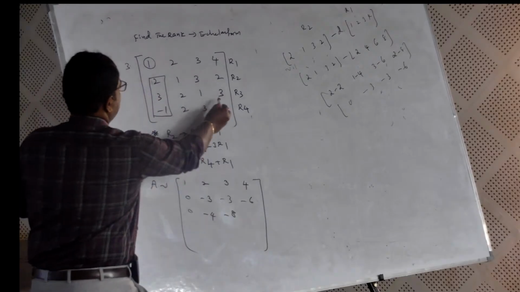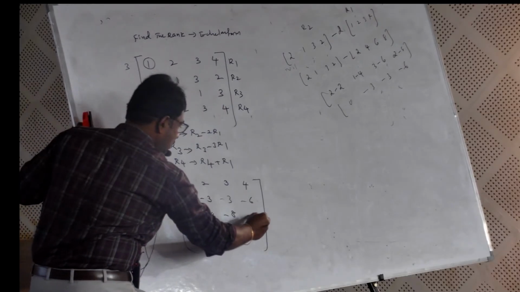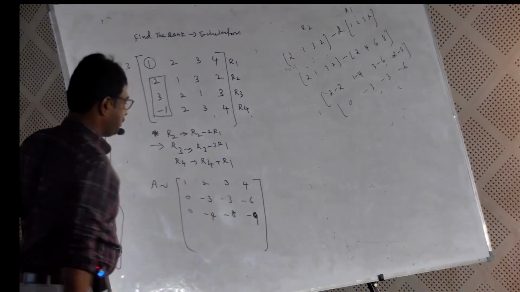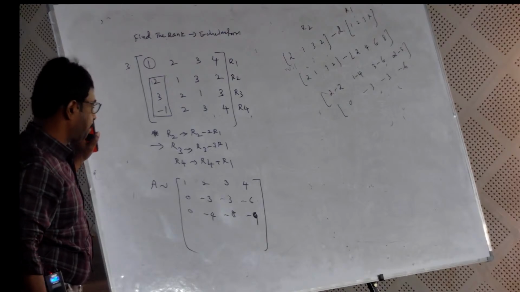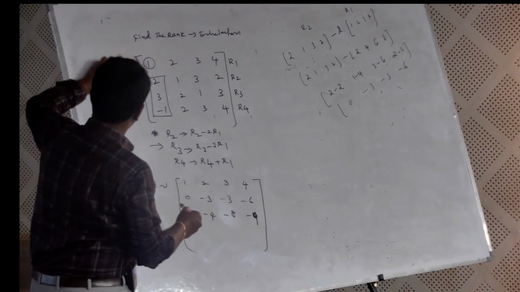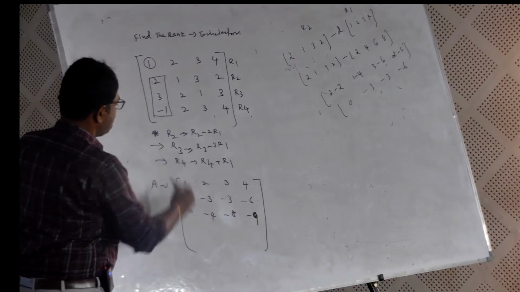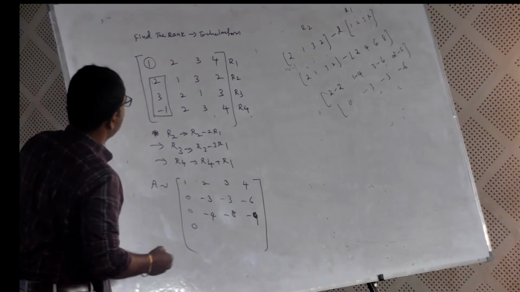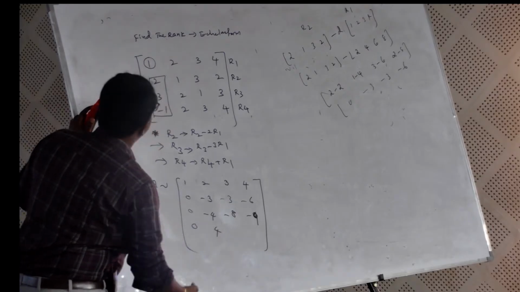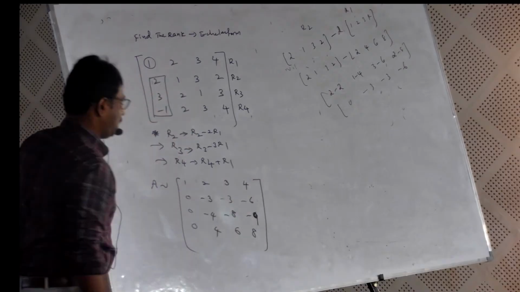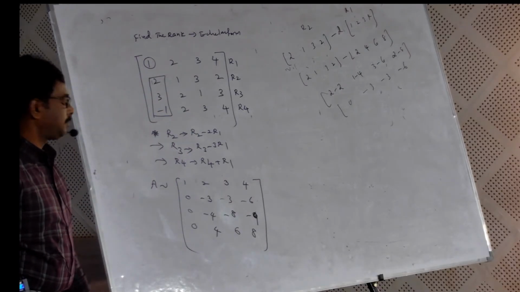Good. 3 minus 12, minus. Okay, fine. Next, R4 plus R1. Tell me, 0, 4, 6. Okay, fine.